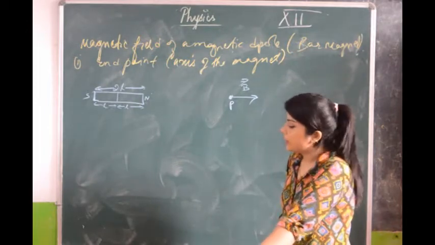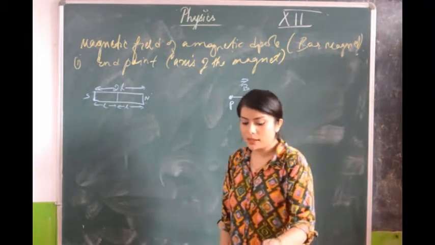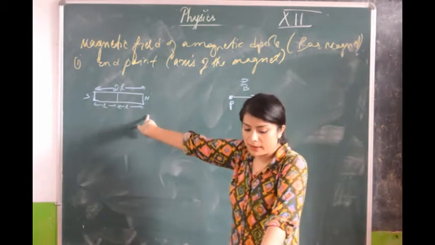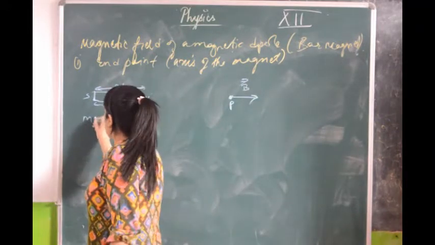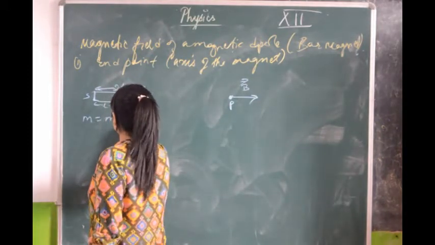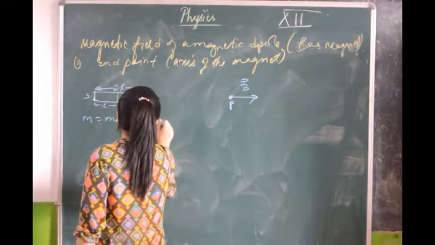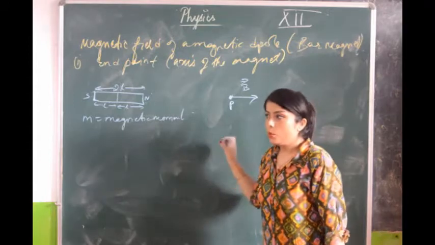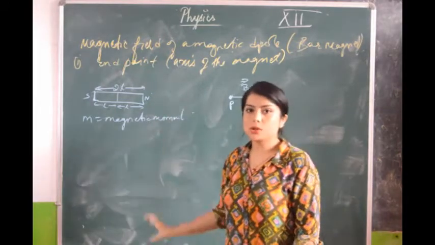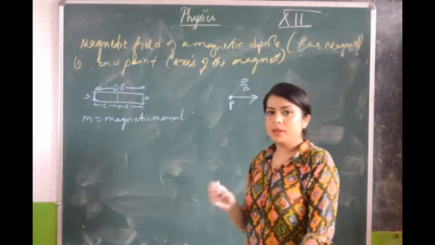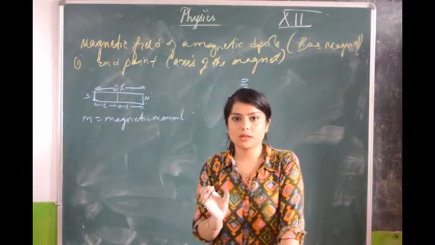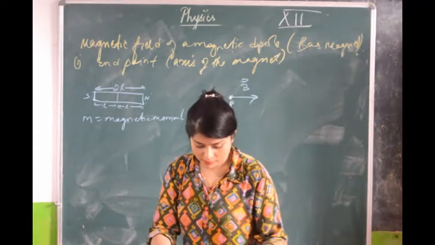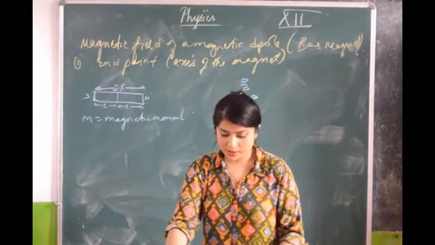Please note it down: twice L is the length of the bar magnet. M will be your magnetic moment or magnetic dipole moment. We are assuming this whole magnet to be in vacuum or in air, which has very less resistance, or permeability is fixed.